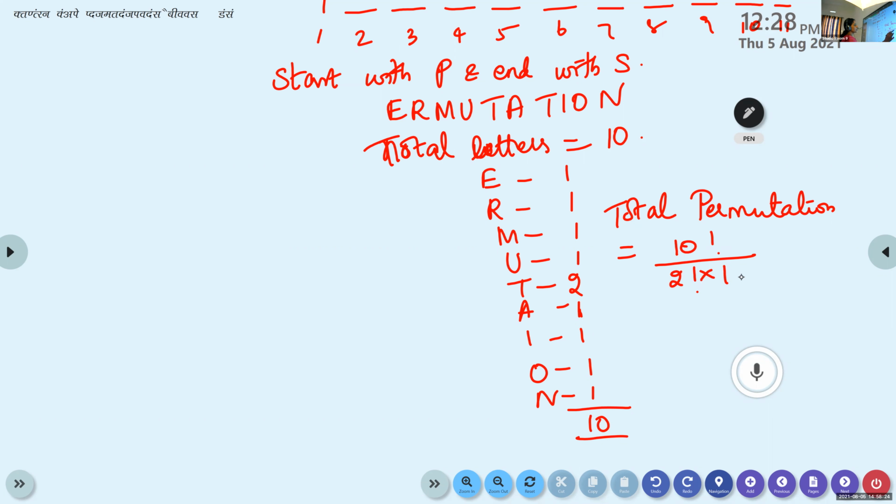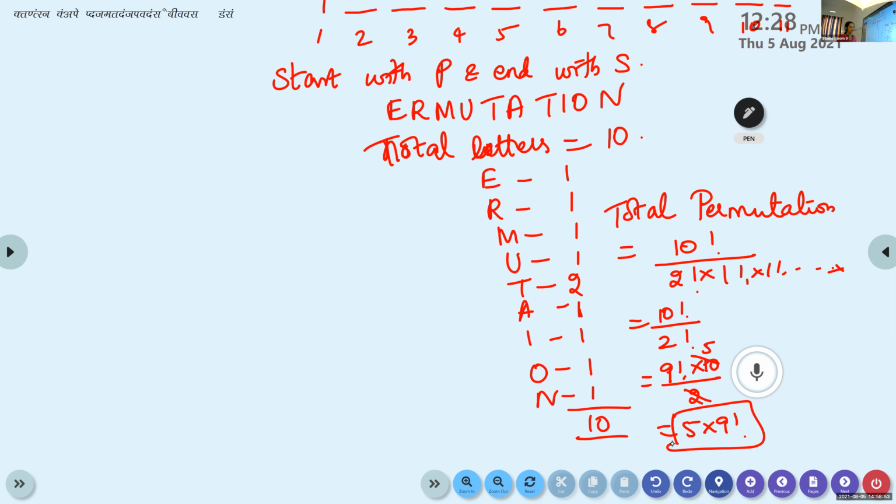So 2 factorial into 1 factorial into 1 factorial, etc. So it is the same as 10 factorial by 2 factorial. 2 factorial is 2. So we can write this as 9 factorial into 10 by 2, and if you cancel this, it is 5. So we can write this as 5 into 9 factorial.